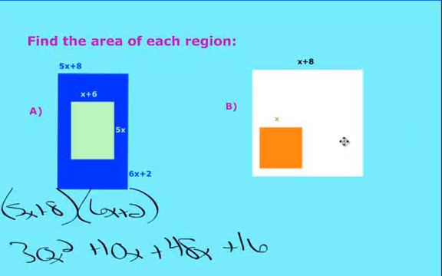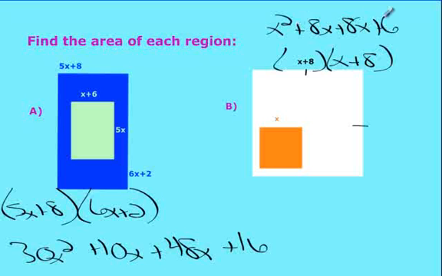I don't know. Alright, what we have here is we have a square. So what we're going to do is actually just square this. So I have x plus 8 times x plus 8. Okay, that's what it means to square. So x squared plus 8x plus 8x plus 64, if I do all my foiling. And x times x for the small one is just going to be x squared.